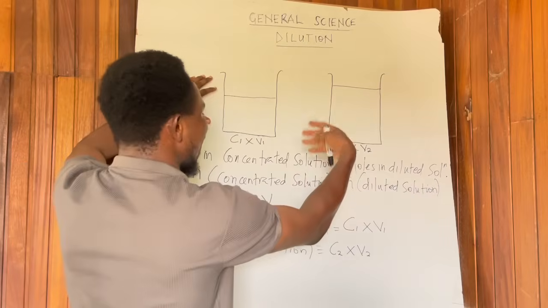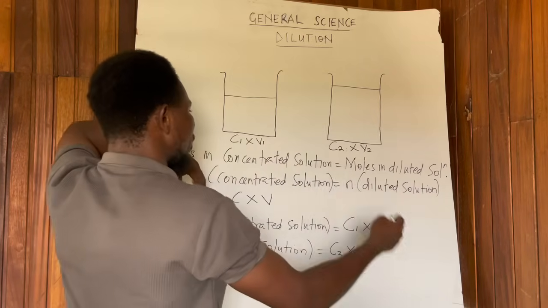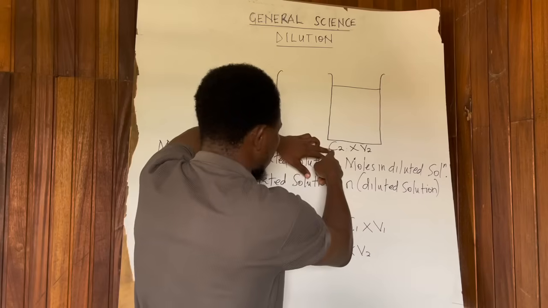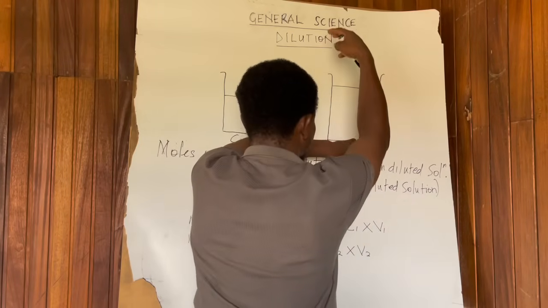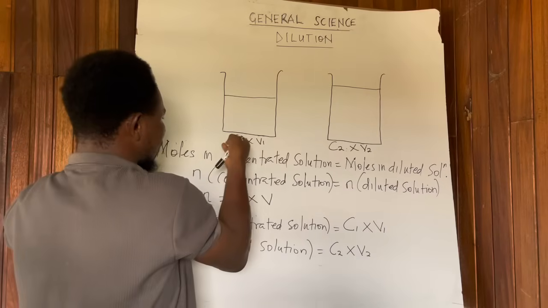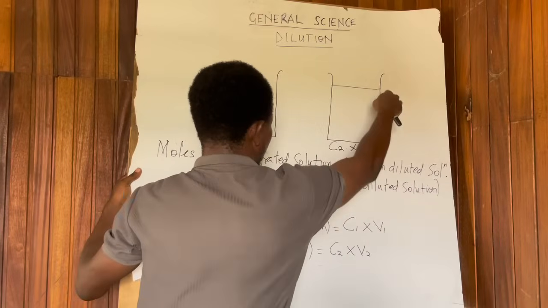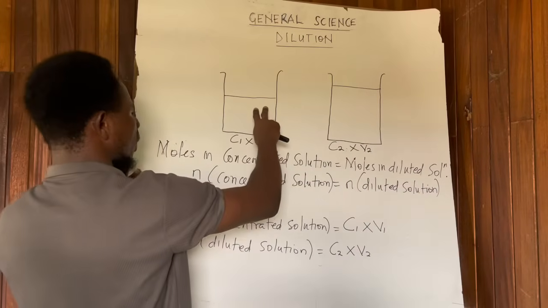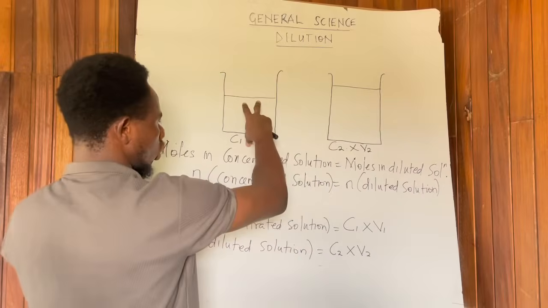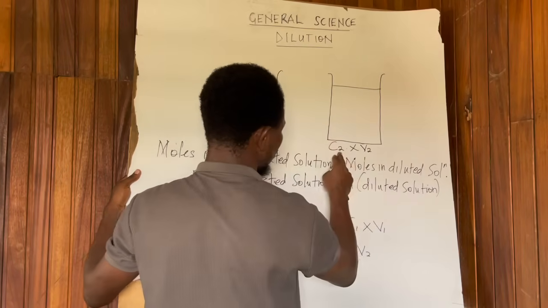Then we diluted that solution, and we had a new concentration which decreased and a volume which increased. So we can say C1 times V1 is the old one, and C2 times V2 is the new one. This is our concentrated solution, also known as the stock solution, and this is our diluted solution, C2 times V2.